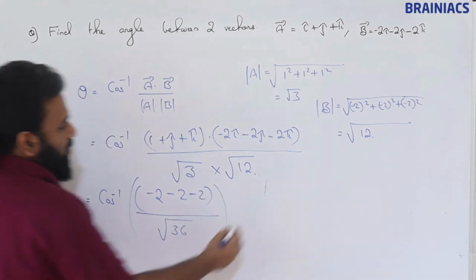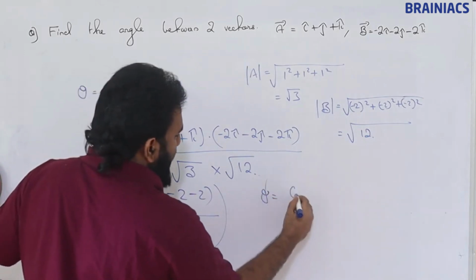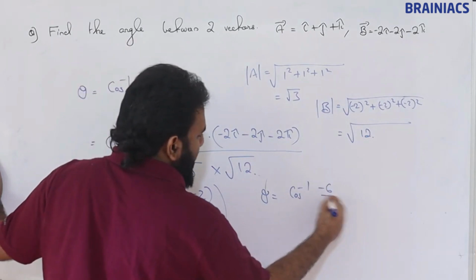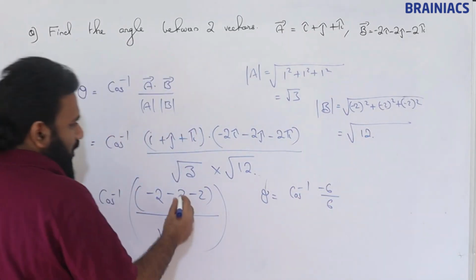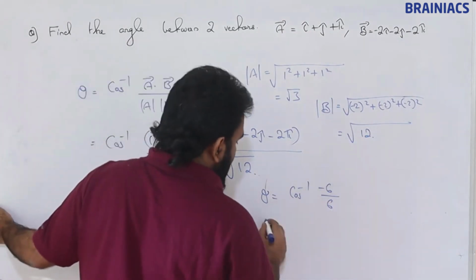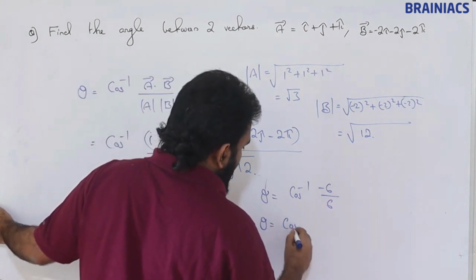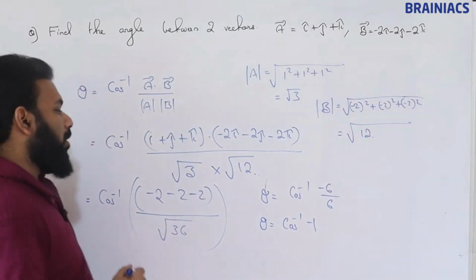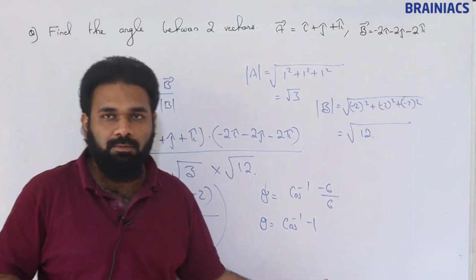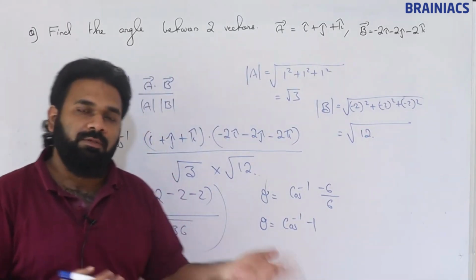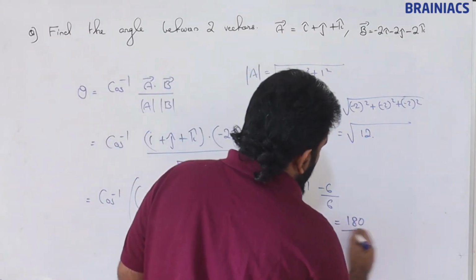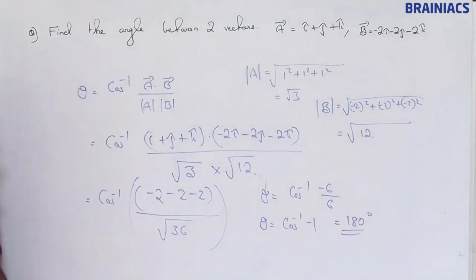Okay, so again theta is equal to cos inverse of minus 6 divided by 6. So theta is equal to cos inverse of minus 1. So cos inverse of minus 1 is what? Cos 180 degrees is minus 1. So we will be getting theta as 180 degrees.